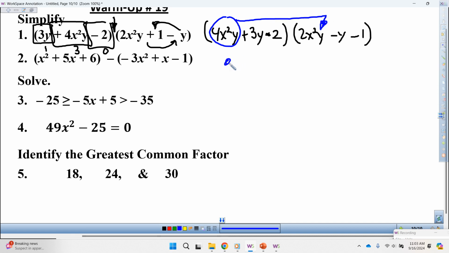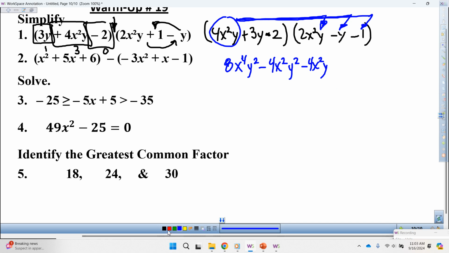That's 8x to the 4th, y to the 2nd. Next, 4x squared y times negative y. That's negative 4x squared y to the 2nd. Next, 4x squared y times negative 1. That's negative 4x squared y.